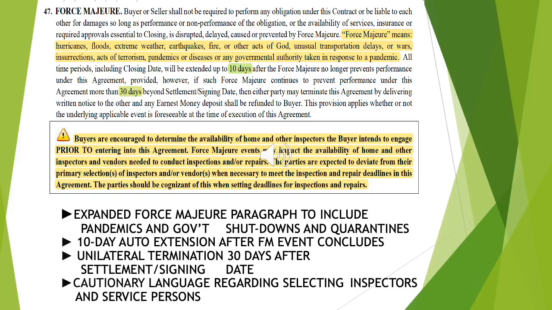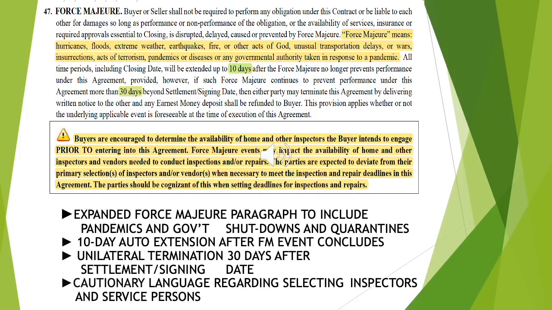Because what we were concerned about is that a party may say, I want to use this one inspector, this one repair person, and if that person was not available because of COVID, they had COVID, they were in quarantine or whatever the case may be, they couldn't get back from somewhere because of travel restrictions, then the buyer or the seller would use that as an excuse to extend the contract and wouldn't be willing to look at other inspectors or vendors so that the deadlines could be met.